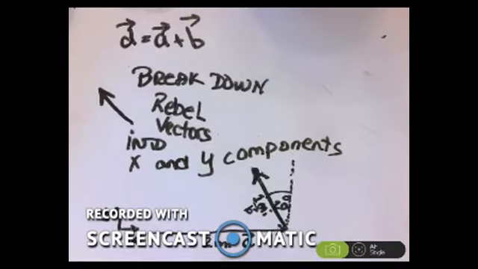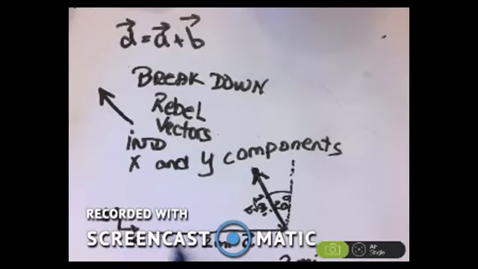Vector A has an X component and a Y component. Because vector A is completely horizontal, it is all X. Every little bit of the distance of 2 miles is only in that X direction. So the magnitude for vector A is 2 miles.